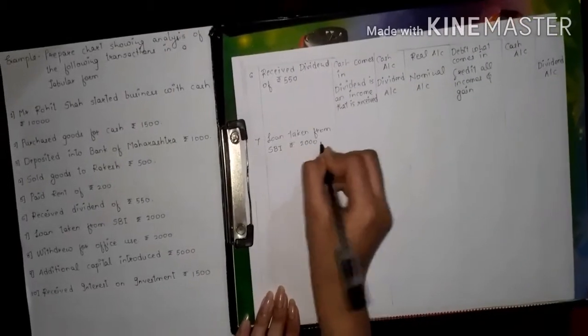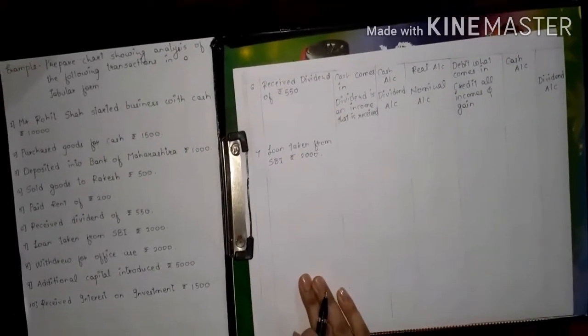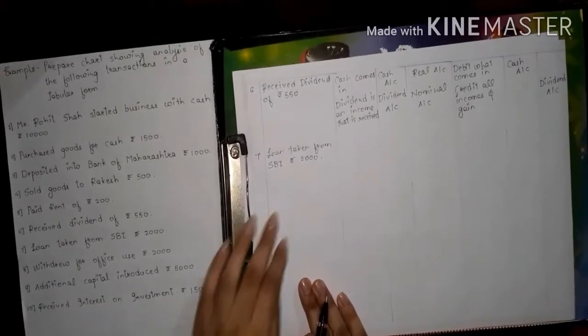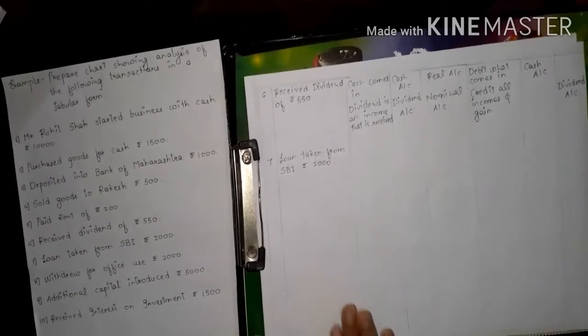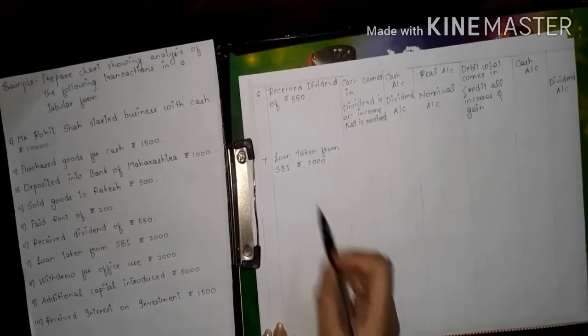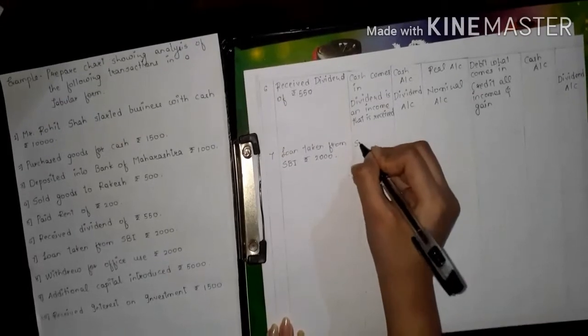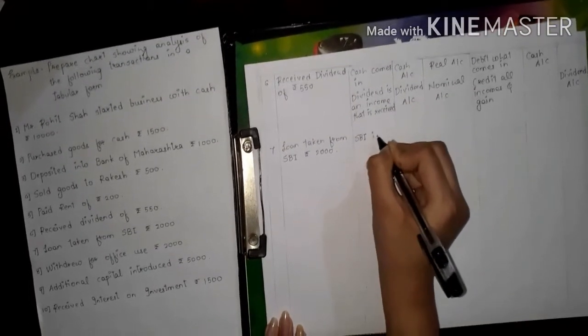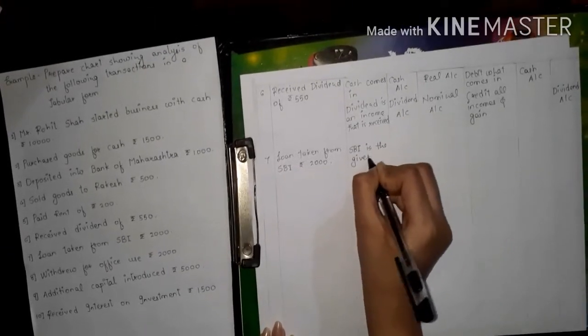Rupees 2000. This is the transaction. Now here just carefully see, we have taken loan from SBI. So who is the giver over here? SBI is the giver. So we will write here SBI has given loan, so SBI is the giver of the loan. Okay.